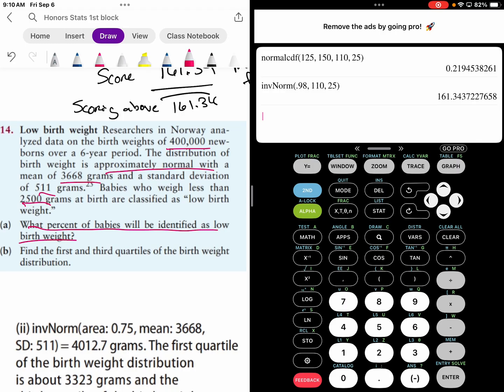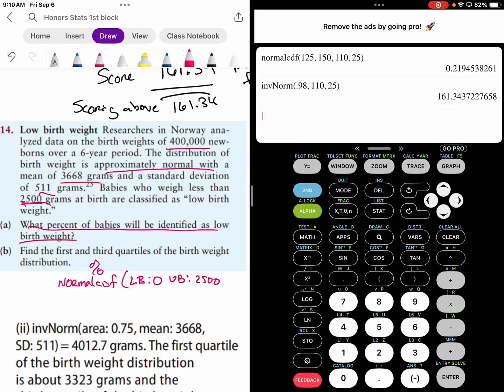Okay, so we're trying to find the percent. So this is going to be a normal CDF. They said below 2,500, so my lower bound is basically 0 and my upper bound is 2,500.